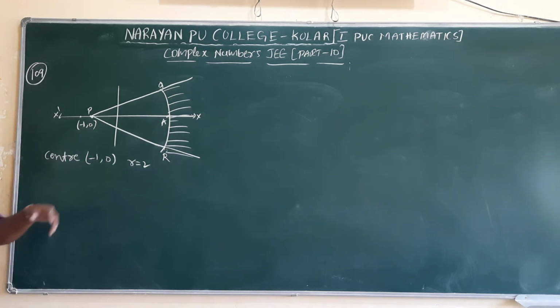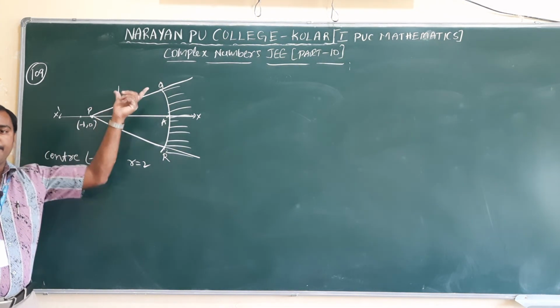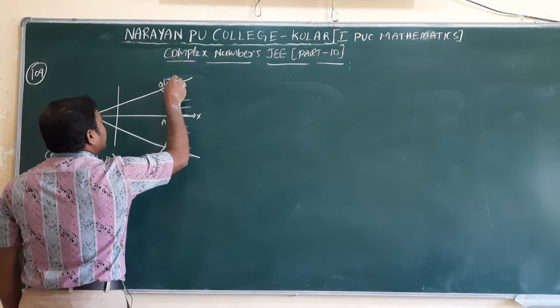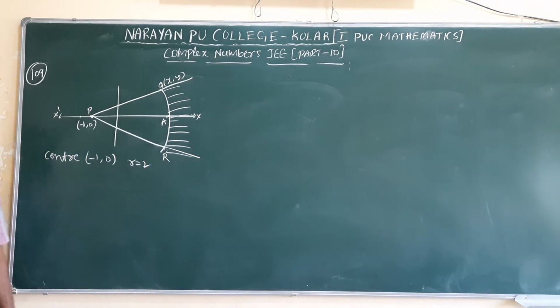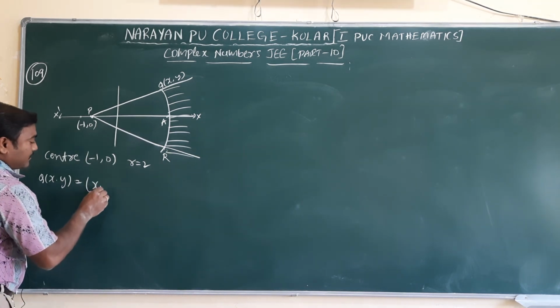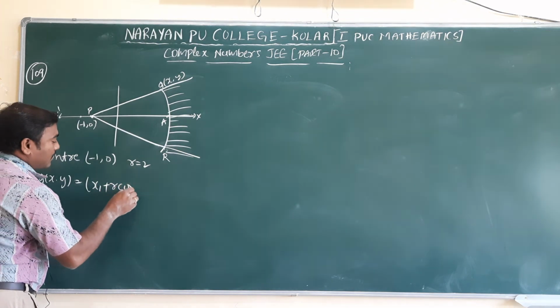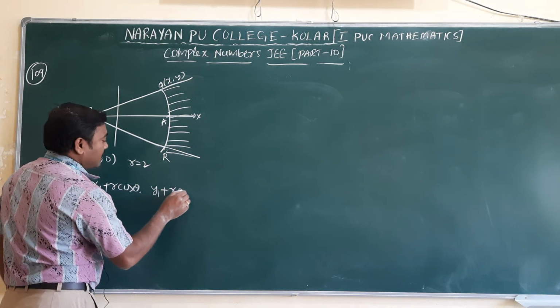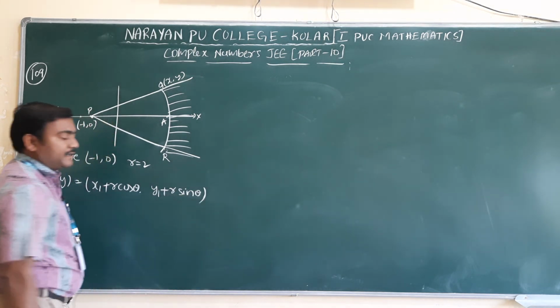Now we have to find the point Q. Let the point Q be x comma y. We know the formula: x1 plus r cos theta, y1 plus r sin theta.